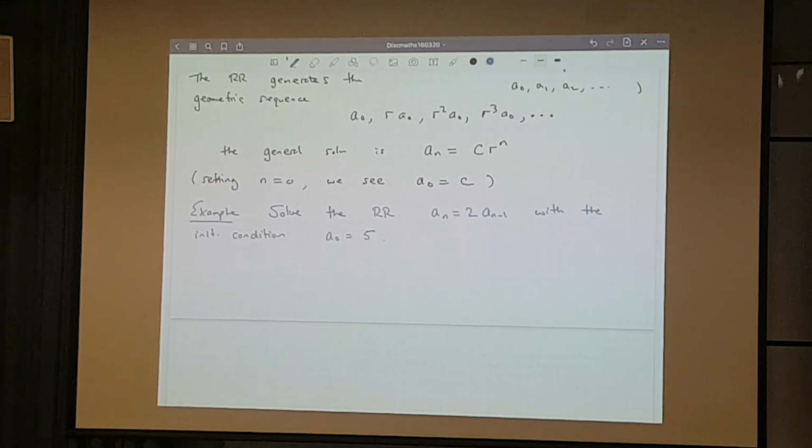And the solution? Well, here the multiplicative constant r is 2 in the general form I had. So here r is equal to 2.